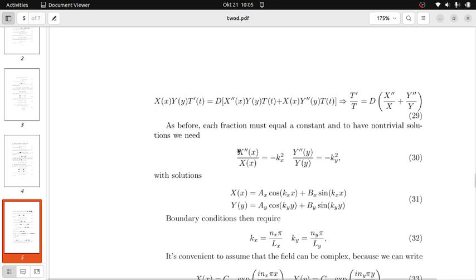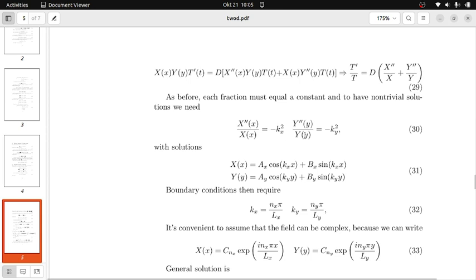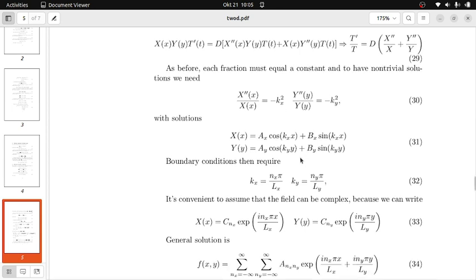So we should have X double prime over X equals minus kx squared, and Y double prime over Y equals minus ky squared. As before, we chose the sign to obtain a non-trivial solution, and then once we do all the boundary condition work, just as in the 1D case, we'll have kx equals nx pi divided by Lx and ky equals ny pi divided by Ly.